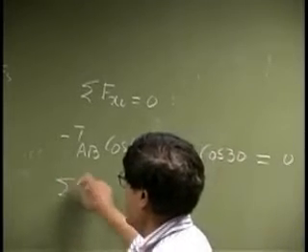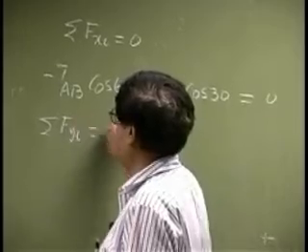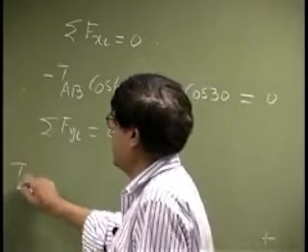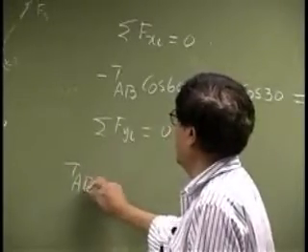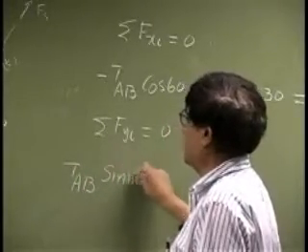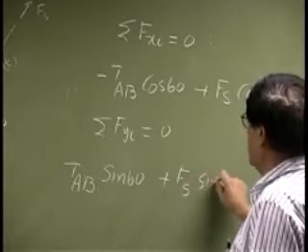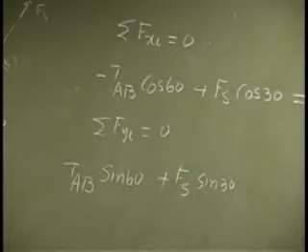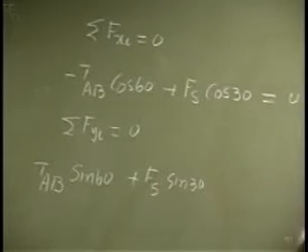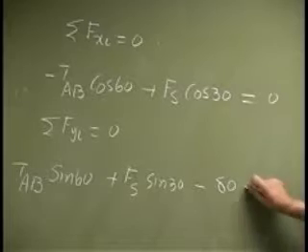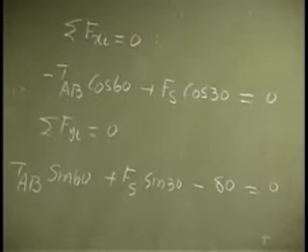Then you get the sum of the force in the y direction, that should be 0. So now we're looking at the component TAB sine 60 plus Fs sine 30. Then you have the force going down, so that's negative, and that adds up to 0.